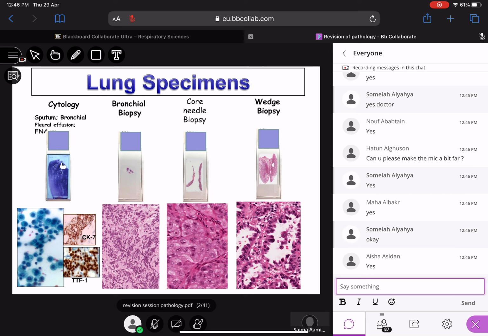Whatever the sample is, you will smear on a slide and you can stain it with PAP stain, Giemsa stain, or hematoxylin and eosin stain. And what you will get is the cells. So you will basically examine the cells. Cytology is the study of the cells. It will give you the cellular details, but not the entire tissue architecture. So this was a sample.